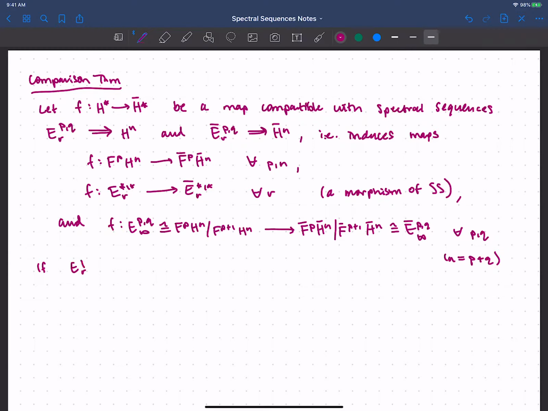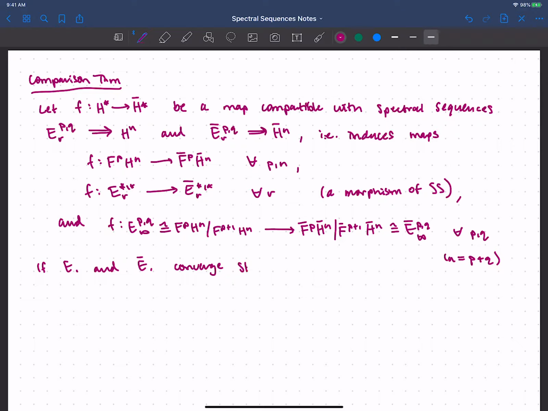Well, if I know the E_r^{p,q} and E_r^{p,q} bar, so my two different spectral sequences, maybe I should write that differently. Let's say E and E bar. I just mean the whole spectral sequence.